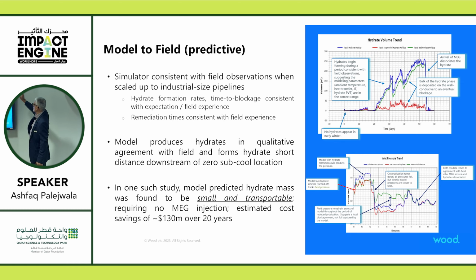What the model can predict is the total amount of hydrates that you will form, and how much of it will be transported. The red is the suspended amount. So it says, I can calculate how much hydrates you have, but I can also calculate how much is transported and how much is stuck to the wall.